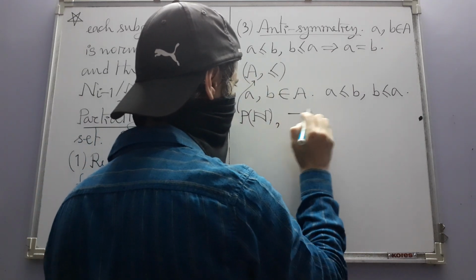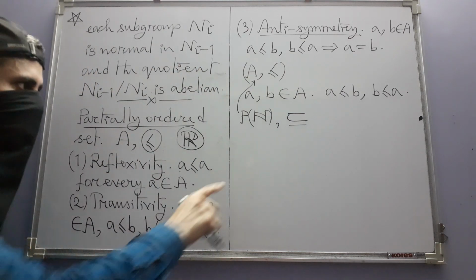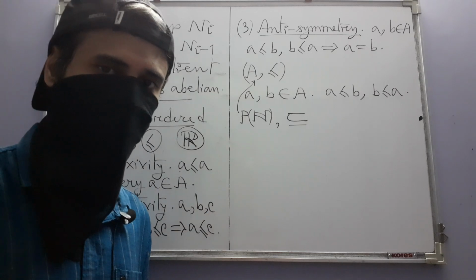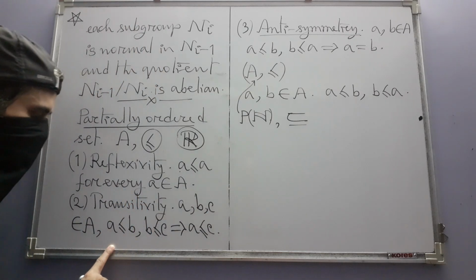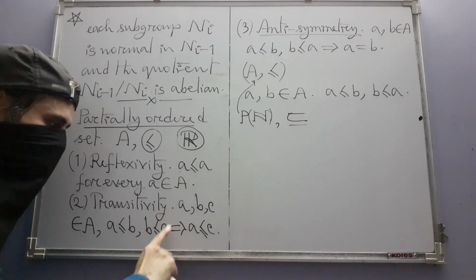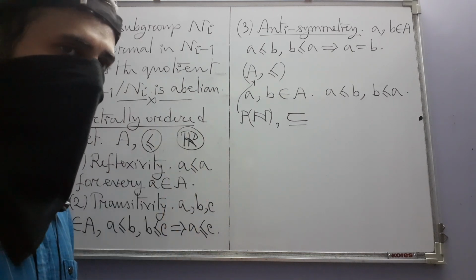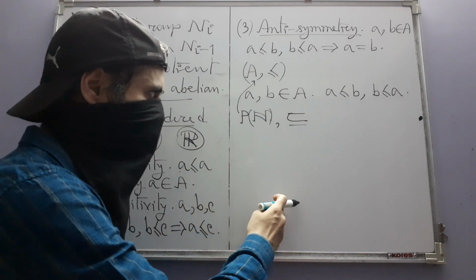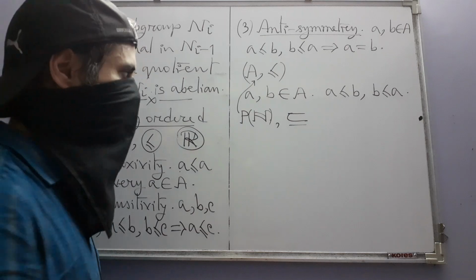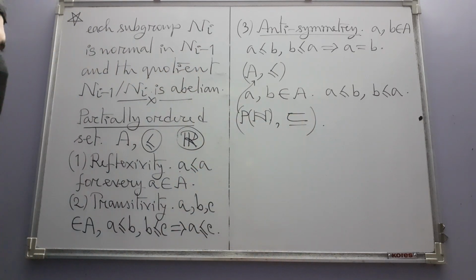This relation is your ordinary subset relation. Is the subset relation reflexive? Yes. Every set is a subset of itself. Is it transitive? Yes. If A is a subset of B and B is a subset of C, then A is also a subset of C. Is it antisymmetric? Yes. If A is a subset of B and B is a subset of A, then they have to be equal. So that means this is a partially ordered set.